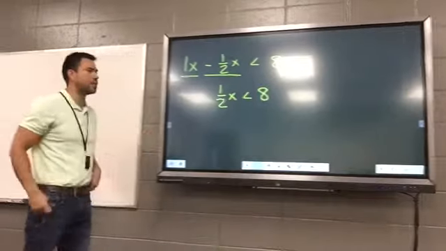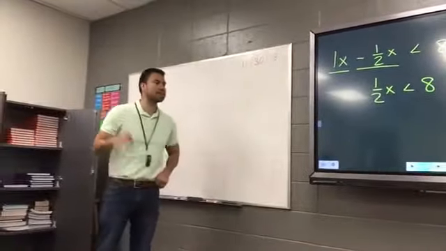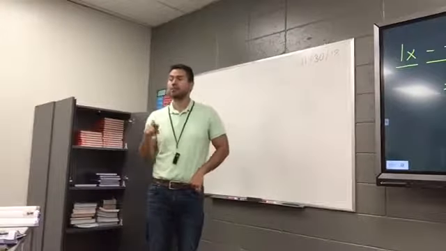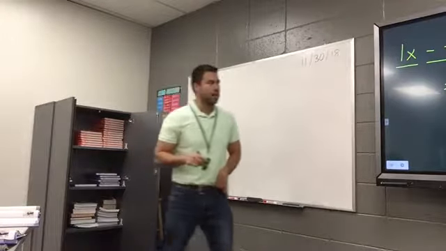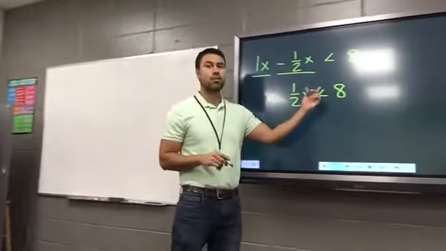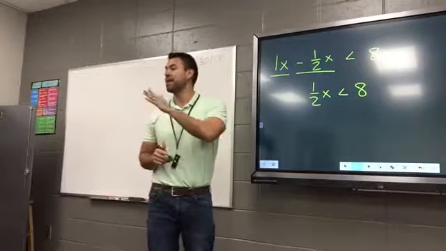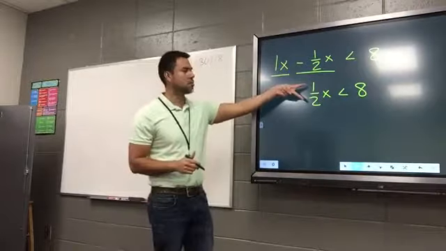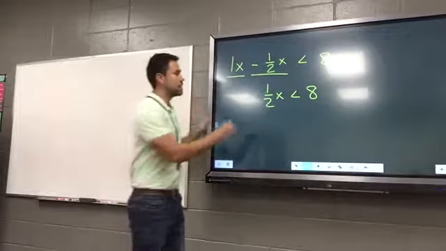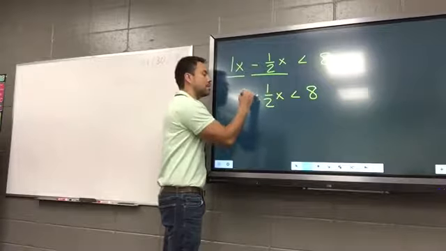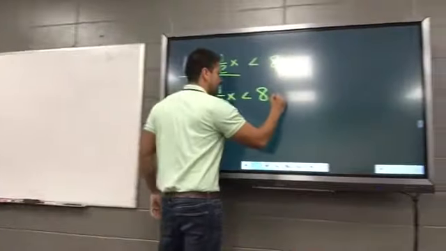Okay, I got 1/2 x is less than 8. Do you guys remember we talked about this yesterday? I could divide both sides by 1/2, or I can multiply by the reciprocal. What's the reciprocal of 1/2? 2 over 1. So I'm going to multiply, you can either say by 2 or 2 over 1.